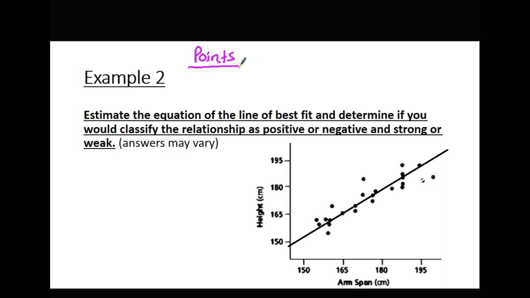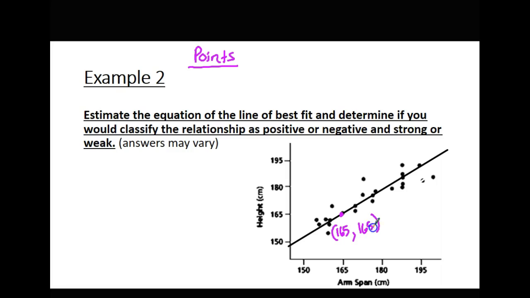So let's go ahead and just pick some here, and we'll estimate what these values are. Let's go with this one right here. What would you guys estimate that point to be? What's the x value look like to you? 165. And about what would you say the y value is?